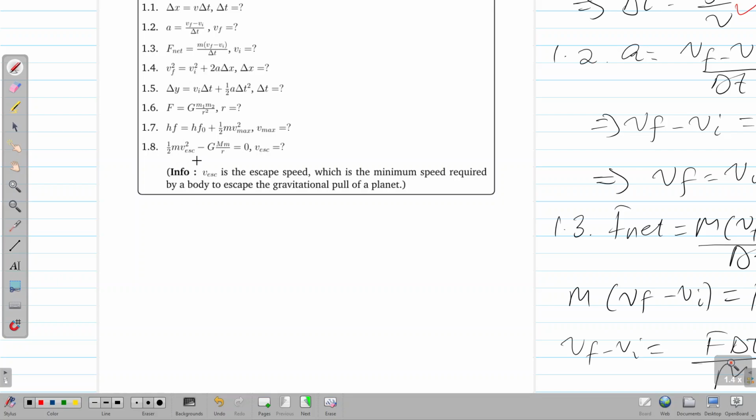So if you give an object this speed, which is called v escape, then it will be able to escape the planet. All right, so that is called the escape speed or the escape velocity. And so that happens when the difference between kinetic energy and potential energy is 0.